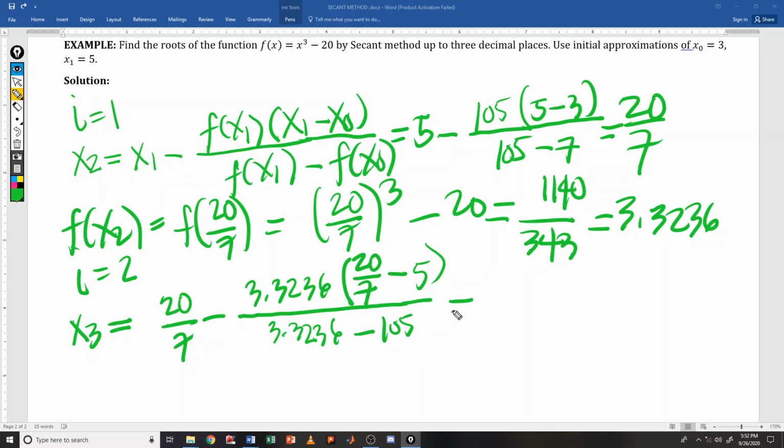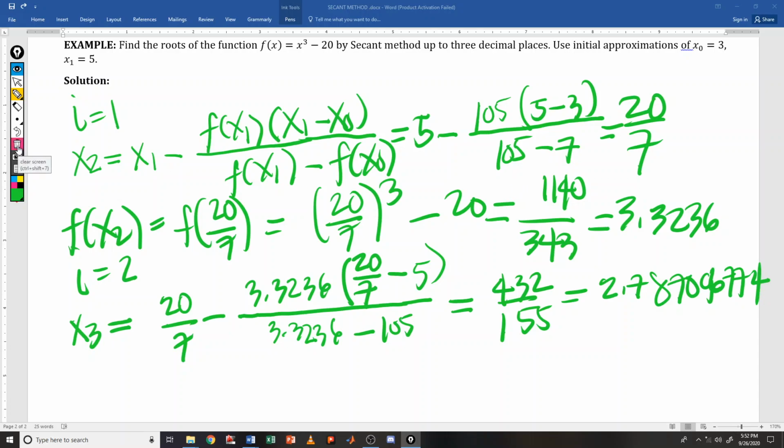Therefore, the value of x3 is 432 over 155, which is equal to 2.787096774.